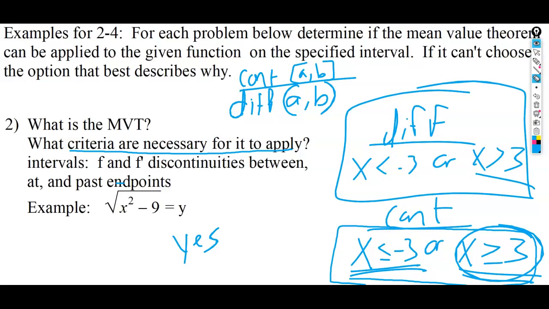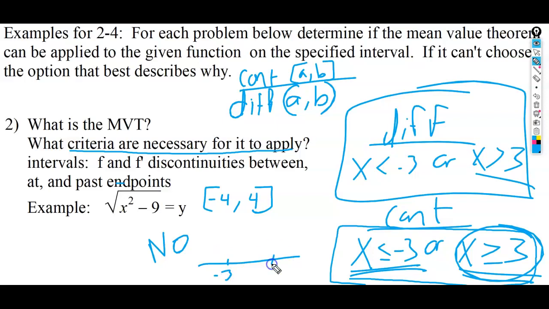But let's make a change here now. Let's say I gave you this interval. Is it continuous on that interval? The answer is no. It's not continuous on the interval. Here's why. This function is only continuous for numbers that are less than or equal to -3 or numbers greater than or equal to +3. So I'll draw you a number line to help you see that. Here's -3, here's +3.